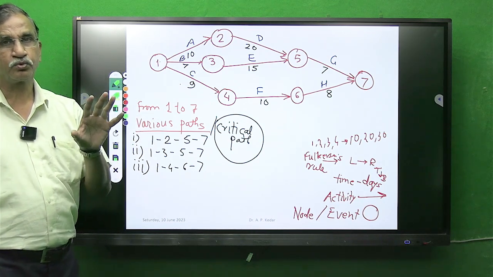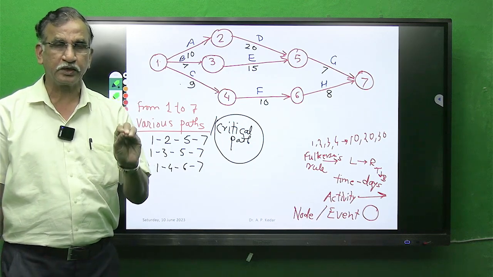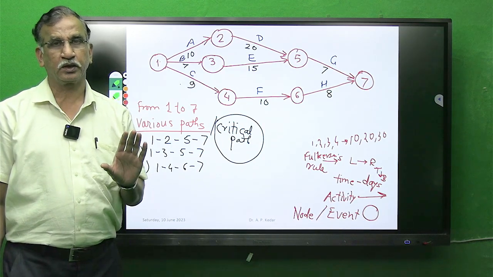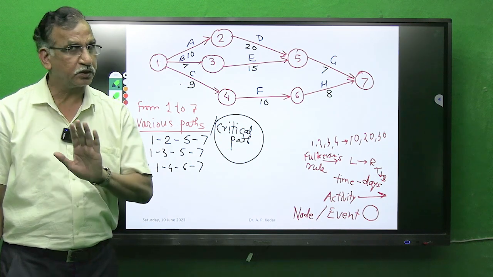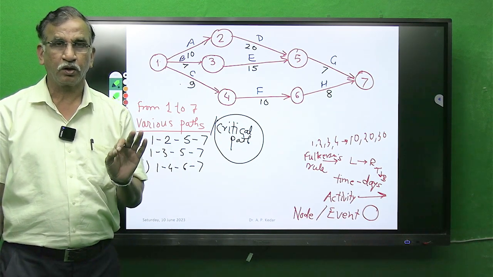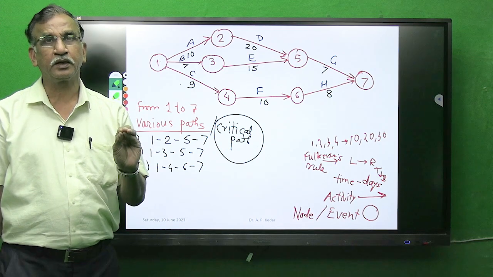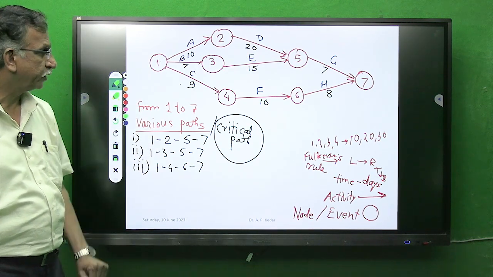And whosoever is the decision maker has to focus attention on critical activities, because delay in a critical activity is not permitted. You cannot allow any delay in a critical activity. Got it? Let's move ahead.